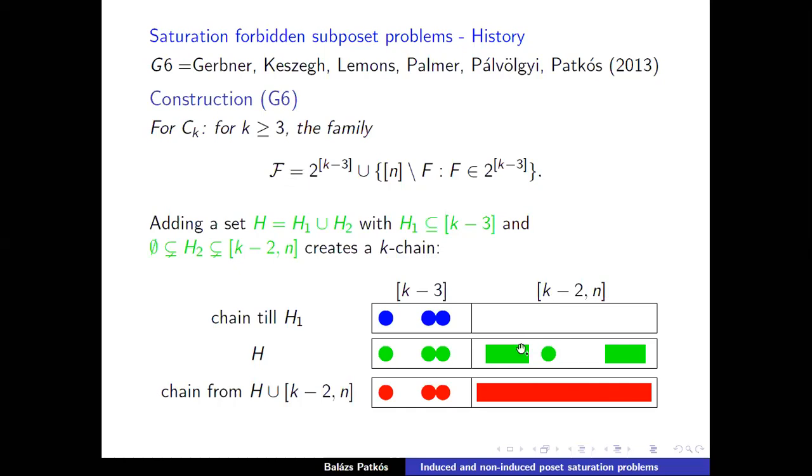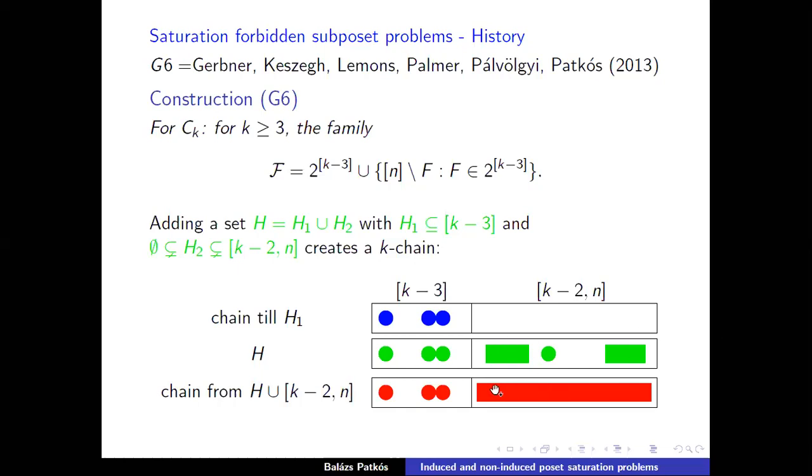Okay. Now let's consider the first part of this green set, H1. Among the blue sets, let's create a maximal chain until H1. Then I insert my green set. I add the appropriate red element, or red set, meaning that I now take all the elements.